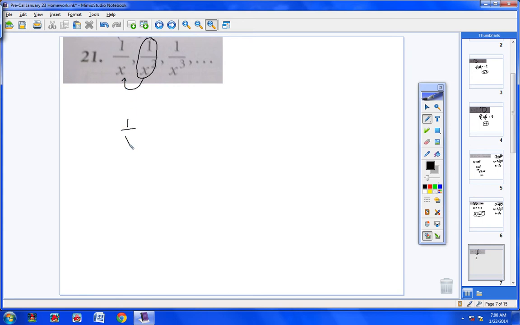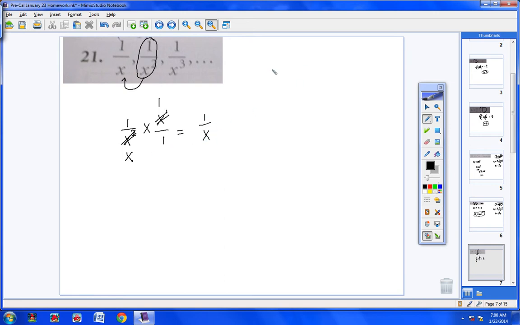So 1 over x squared divided, I'm not going to put divided, I'm going to put multiply, and I'm going to go ahead and flip this fraction, so times x over 1. Now I have 1x here, 2 down here. I'm going to take 1x away from there, so I'll take 1x away from here. 1 times 1 is 1. X times 1 is x.